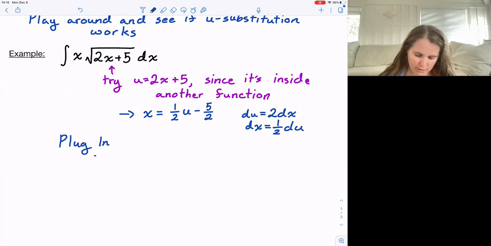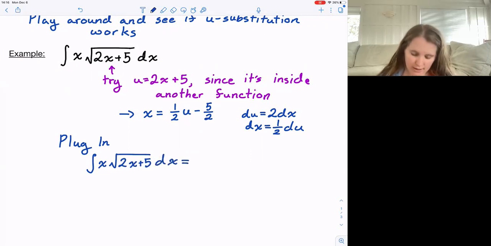we have the integral of x times the square root of 2x plus 5 dx should be the same as taking the integral of x, which was 1/2 u minus 5/2, then we have the square root of u, and then dx was 1/2 du.